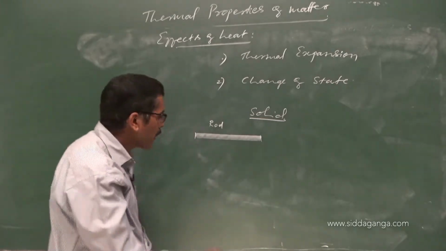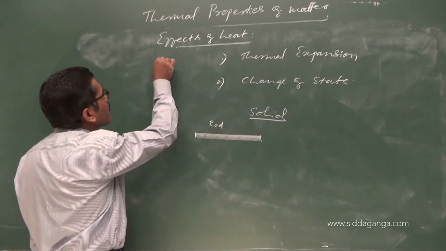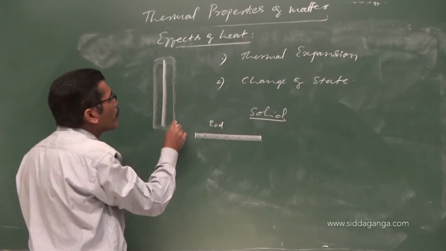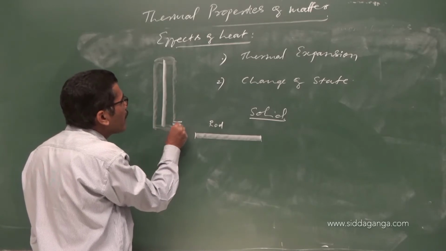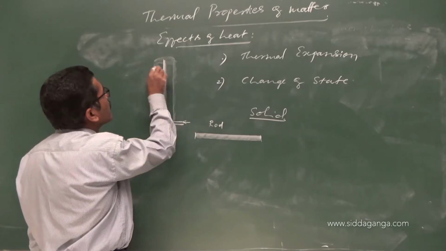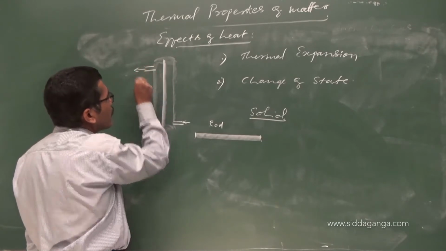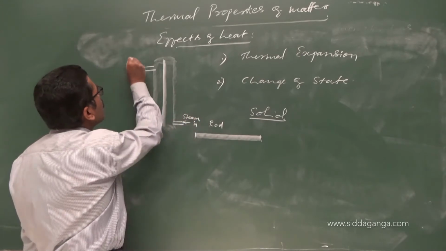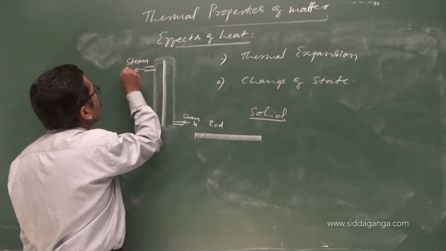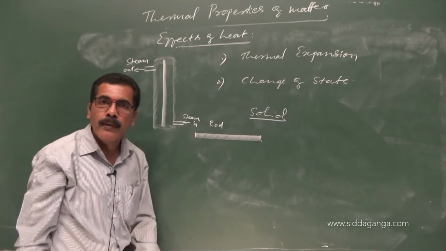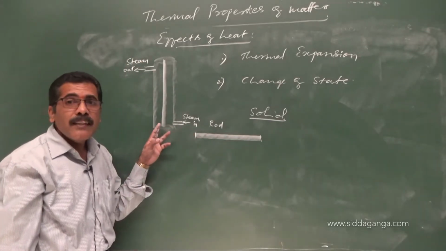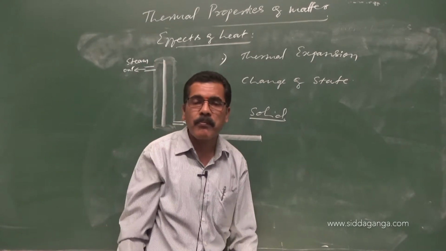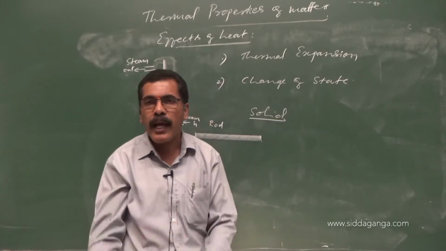We call it a steam chamber. So we have a system like this: there is a pipe, inside it you are keeping the rod, and there is a steam inlet and a steam outlet. Steam in, steam out. As a result, the entire length of the rod gets an equal quantity of heat, which leads to expansion.